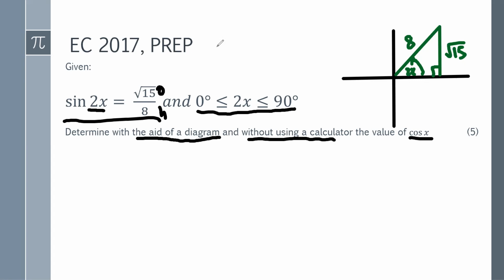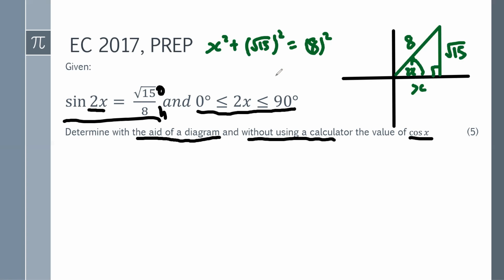So if we quickly use Pythag, we know that this side here, let's call it x, it will be now x squared plus square root 15 squared is equal to 8 squared. I have a habit of using brackets whenever I substitute because it does make a difference when you substitute a negative number.